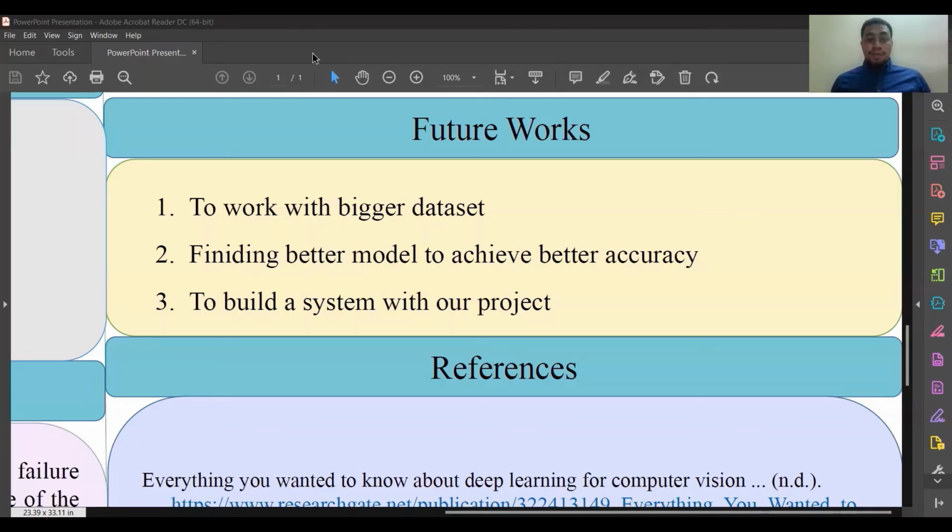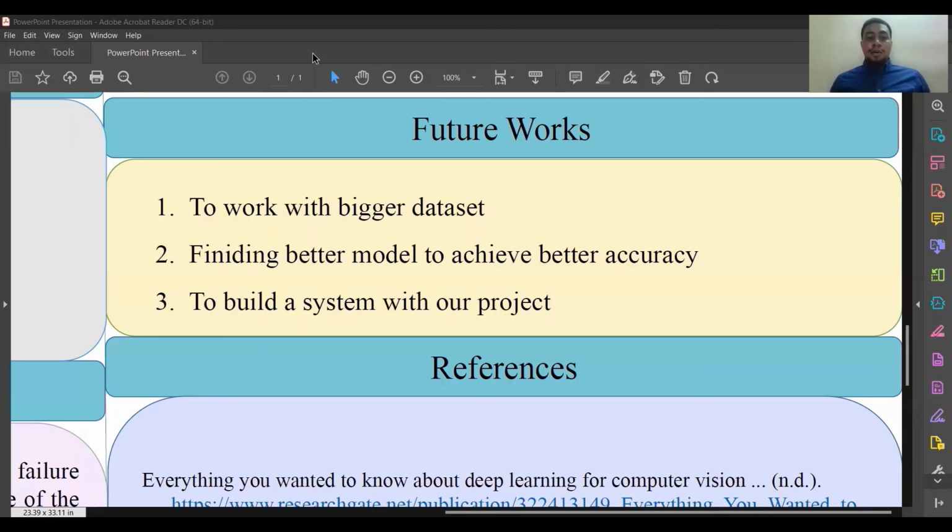As I mentioned before in the methodology, we are going to go through those techniques on the CNN model to improve our accuracy.